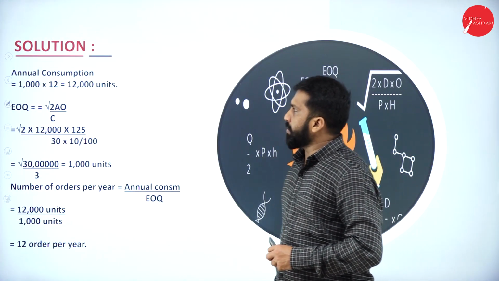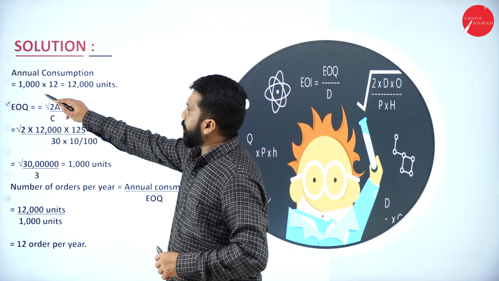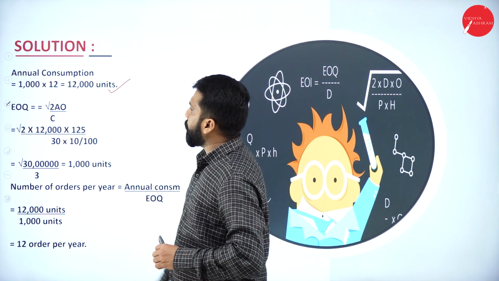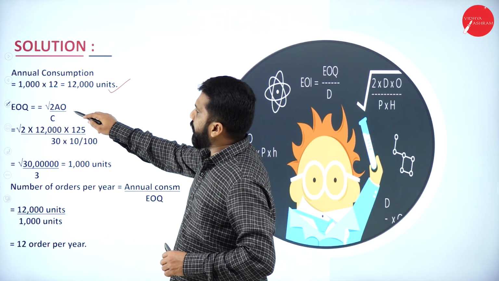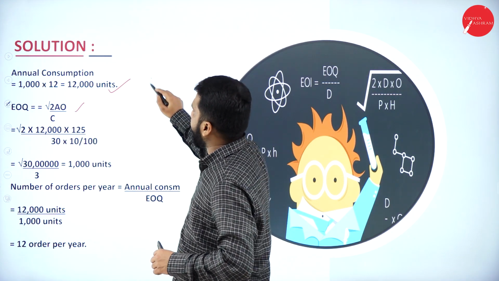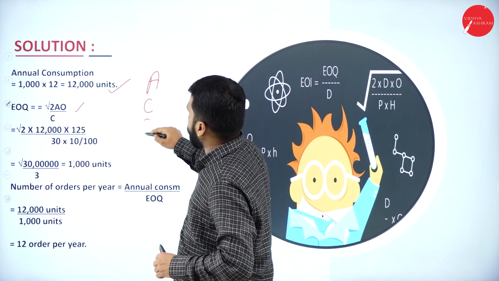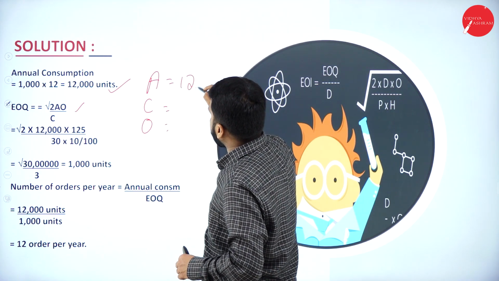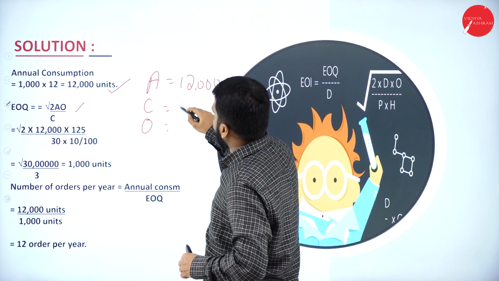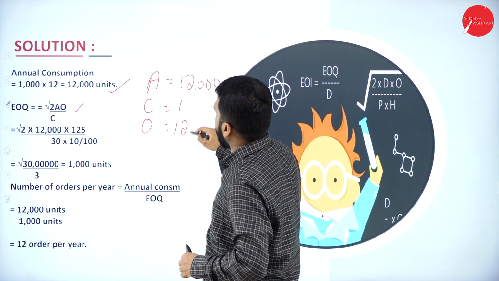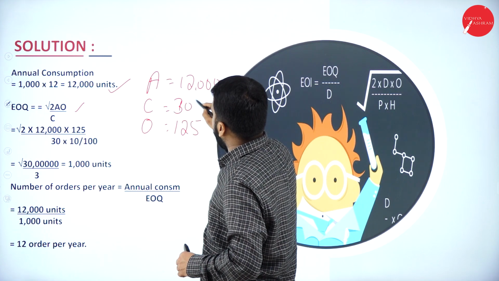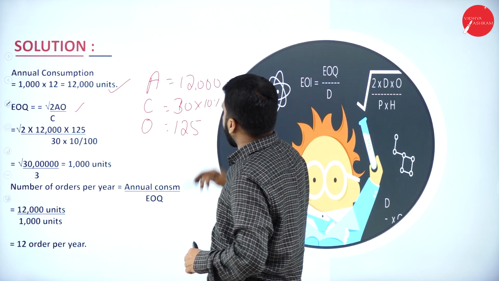Now, as per this, annual consumption is 1000 into 12, which is 12,000 units. EOQ is equal to the square root of 2AO divided by C. A is 12,000, O is 125, and C is 30 multiplied by 10%.